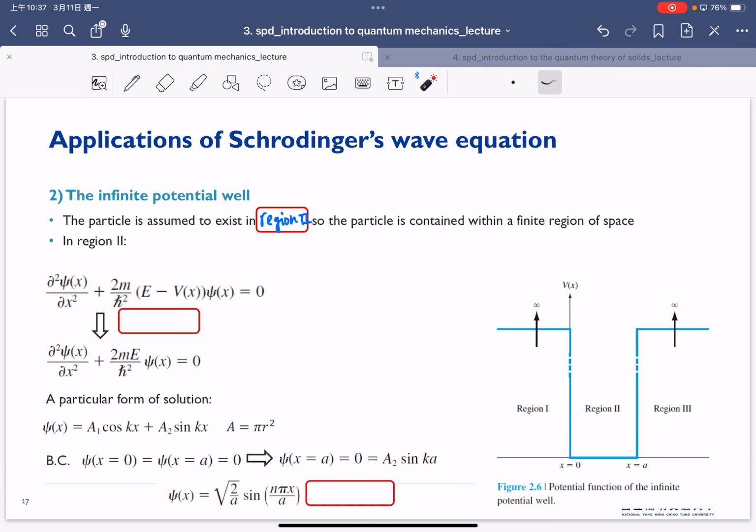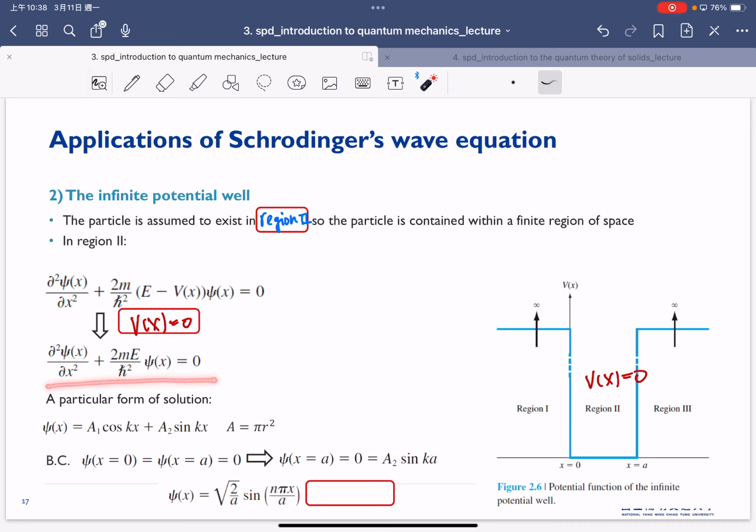So the particle is contained within this place. And then in region 2, of course, we always start from this equation. But in region 2, our Vx is equal to 0. Then this equation becomes this way.